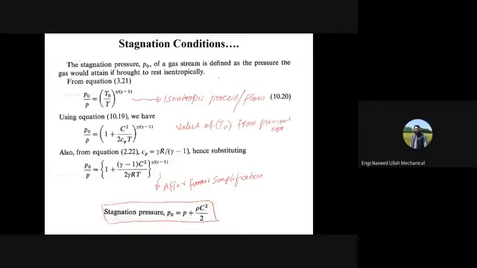As I told you, if the working fluid is brought to rest, the pressure we measure at that time will be the total pressure or the stagnation pressure. And how can you find the value? You can calculate it.